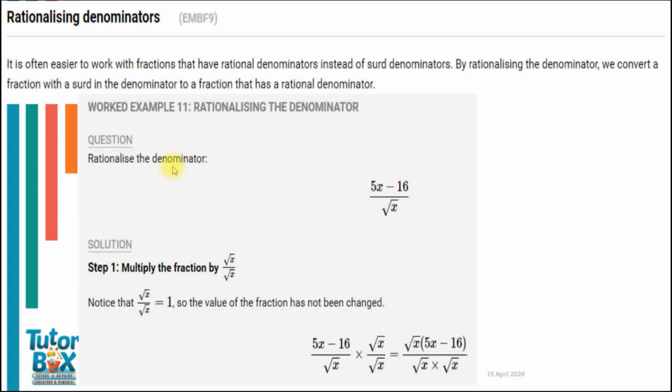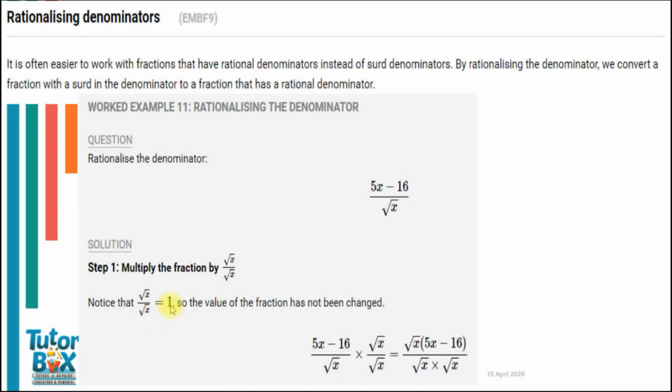Whenever you're rationalizing, make sure that you are actually multiplying by 1, because you don't want your fraction to change at all. You want it to stay the same. But you can manipulate the 1 so that it looks something like this, because if you take square root of x divided by square root of x, you get 1.